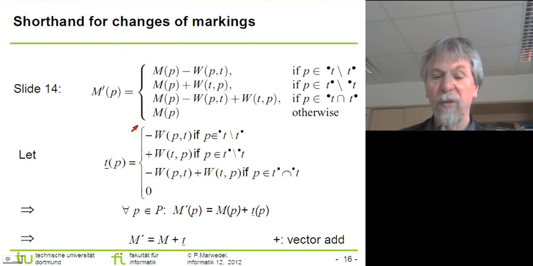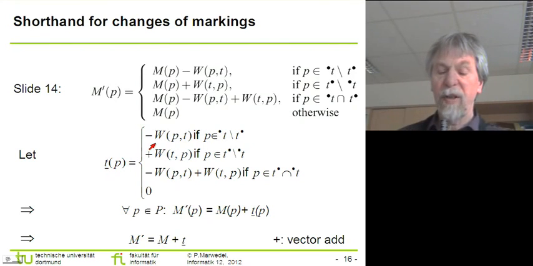And next, I'm going to introduce a shorthand for what we need very, very frequently in this definition of the number of token changes. We introduce a vector t underscore, which is associated with a certain transition. And this vector t underscore defines for each component p by how much the firing of this transition will change the number of tokens on place p.